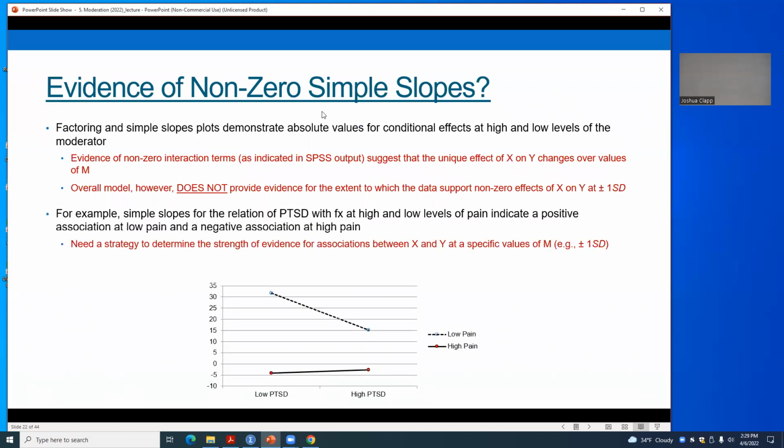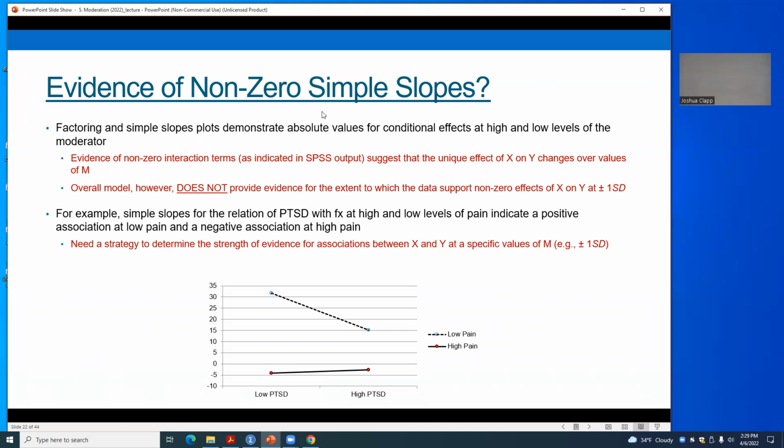Okay? If I take a look at this, here's my simple slope of PTSD with functioning at high and low levels of pain, okay? If I'm eyeballing this, I'd guess that it's a negative association between PTSD and functioning at low levels of pain.